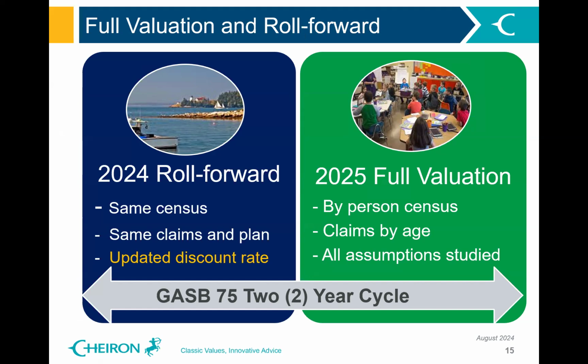But we do update for something called the discount rate. That's what you use to take those projected payments and bring them back, with the time value of money, to a single value for the obligation. A full valuation goes through a full update and refresh on the person-by-person census, claims by age, and all the other assumptions, including the discount rate.